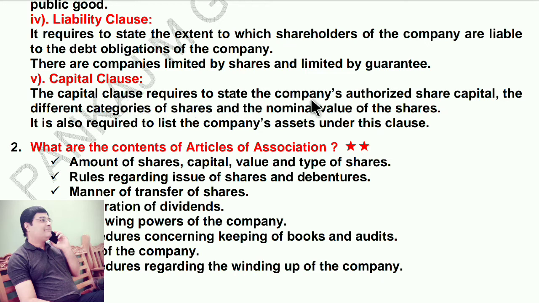The capital clause requires stating the company's authorized share capital, the different categories of shares, and the nominal value of the shares. It is also required to list the company's assets under this clause. So, name clause means the name of the company, object means the objectives of the company, liability clause means how much you are liable to pay, capital clause means how much amount the company has been registered for.